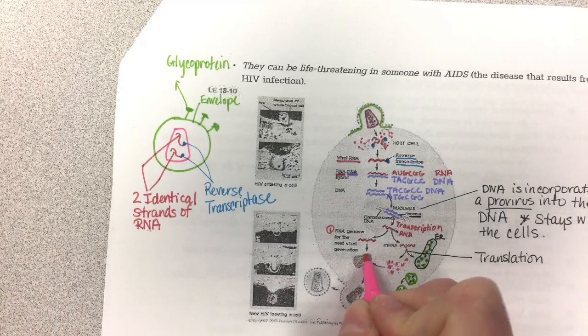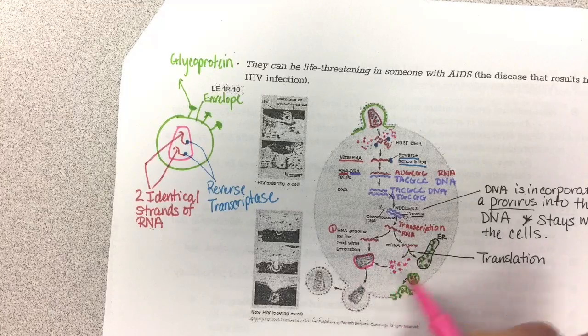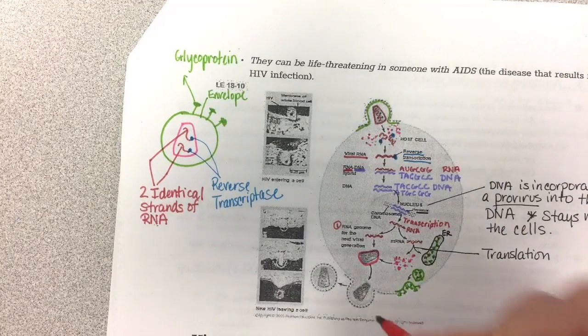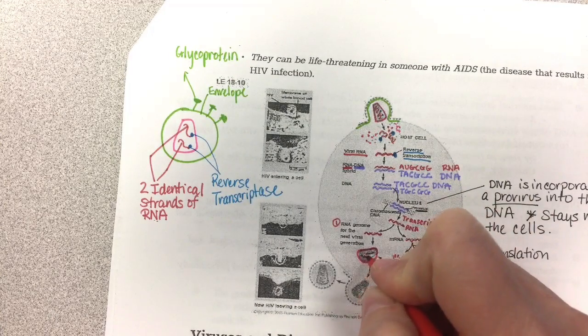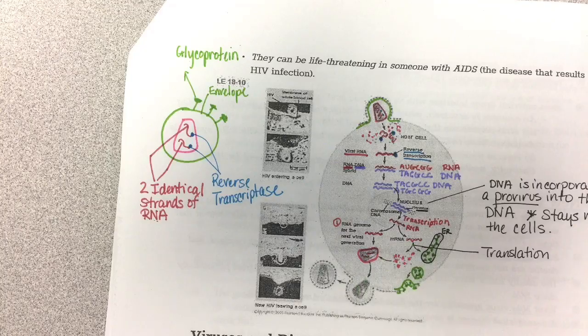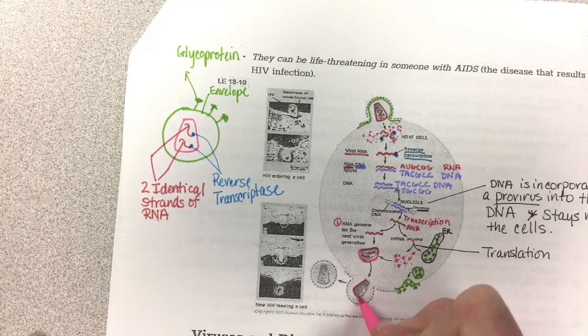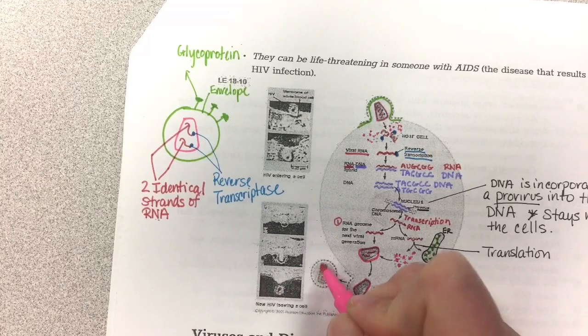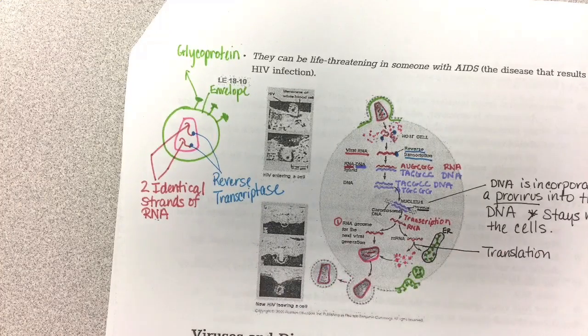So here's your capsid in pink, your proteins right there. Here are your new RNAs. And I should say that they also use it to make more reverse transcriptase. And then that gets incorporated into a new virus.